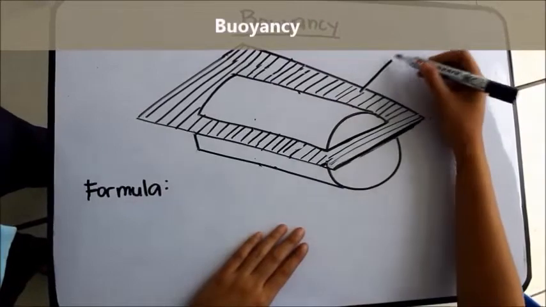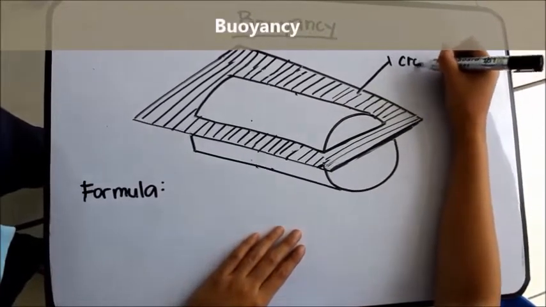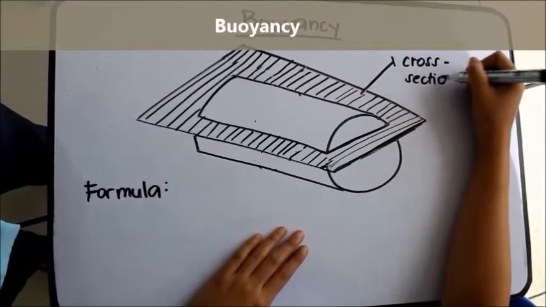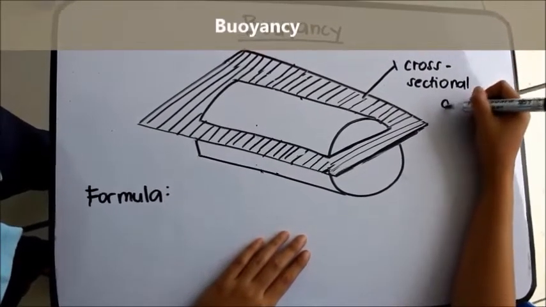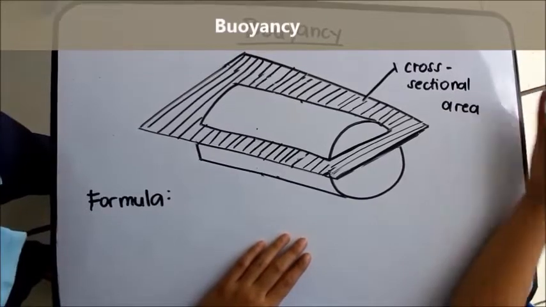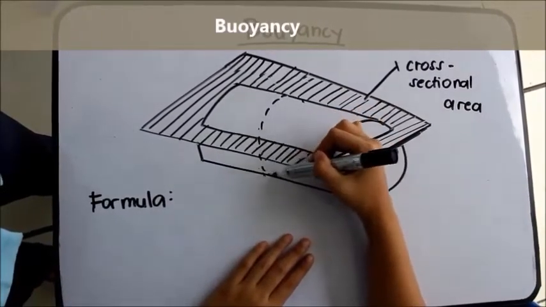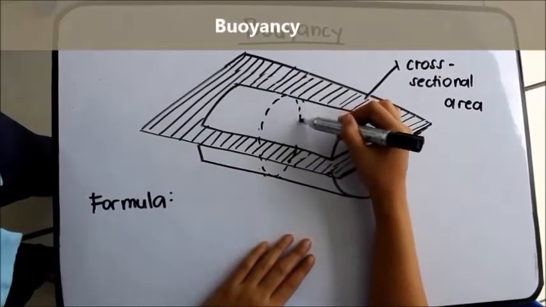If the body is of uniform vertical cross-sectional area A, the area submerged AS is to be given like this. So right now, we will draw a circular broken line.